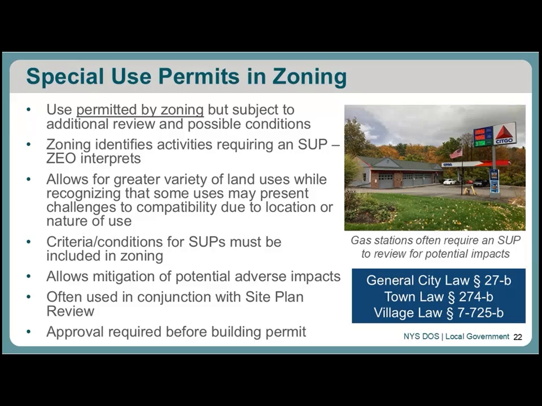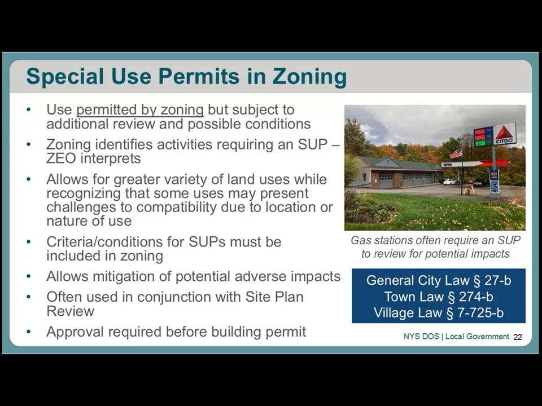But initially, it will be the zoning enforcement officer that interprets whether or not the special use permit is needed based on what's written in the zoning. And then there'll be a review board identified in zoning and they will take that review. The special use permit does need to be approved prior to a project moving forward.